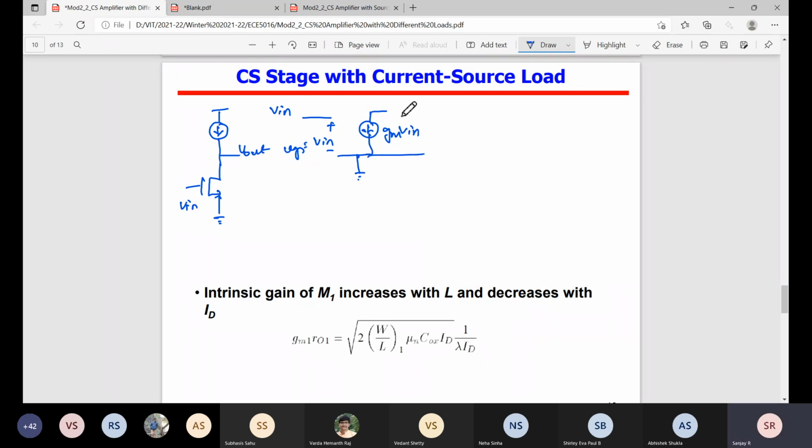R0 is there, drain to source. RD is infinite. Current source means RD is infinite, so there is no load resistance. Now you can see what V0 is. This is V0. V0 is minus GM V in, current flowing through this R0. So AV equal to V0 by V in equal to minus GM R0. Is it understandable?